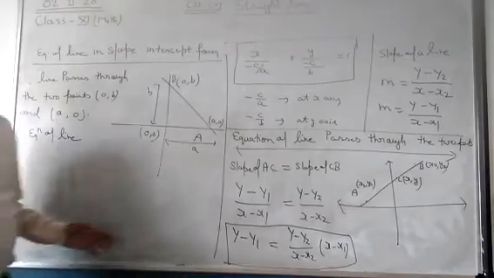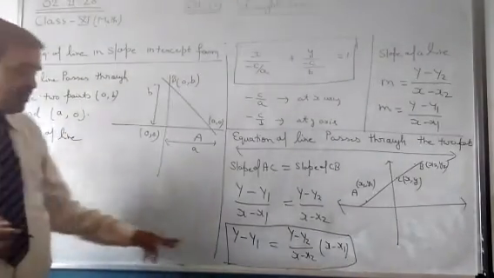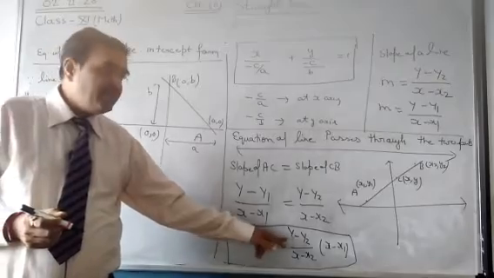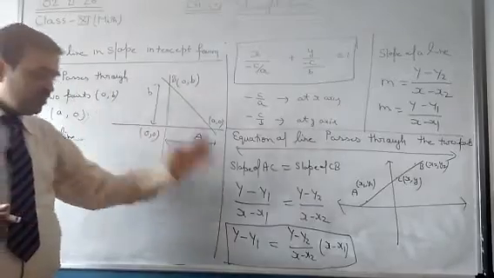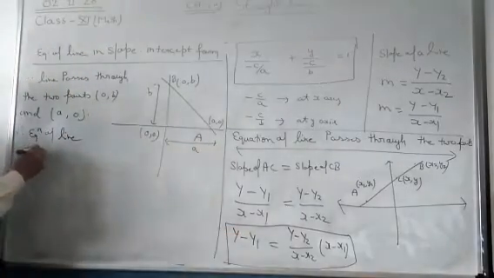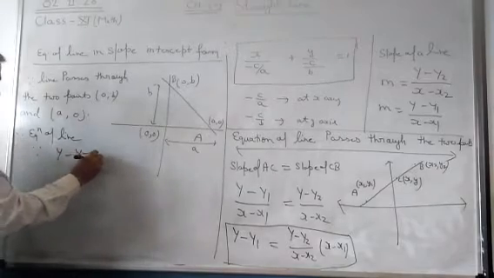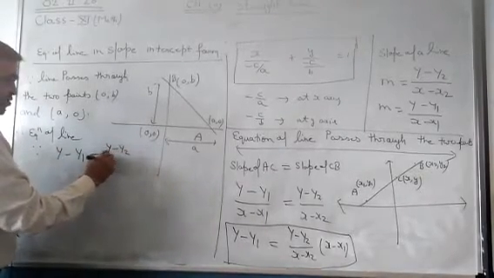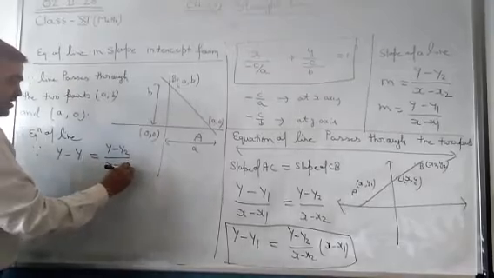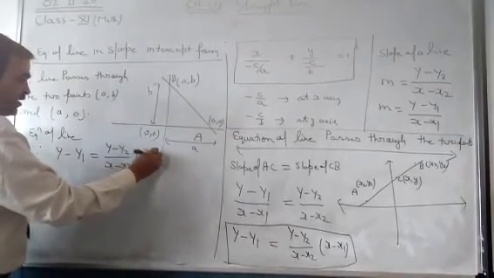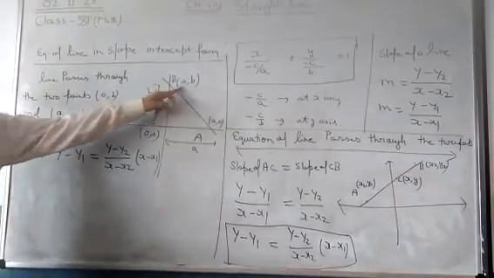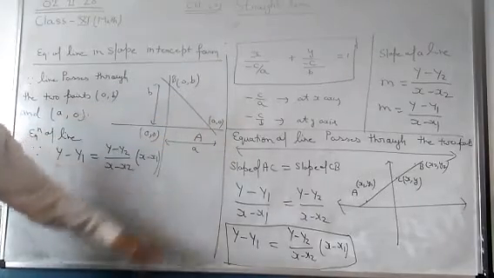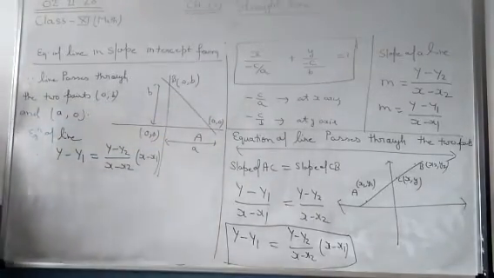Since we know that the equation of line passing through the 2 points is y minus y1 is equal to y minus y2 upon x minus x2 into x minus x1, in this case we will use this formula. The given points are x1, y1 and x2, y2. Now putting the values.